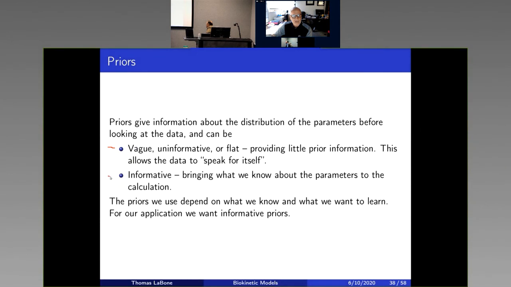On the other extreme, you can have informative priors, which bring everything that you know about the parameters into the calculation. The priors you use depend on what you want to know beforehand and what you want to learn about the system. What I'm going to focus on here are informative priors. They bring a lot of information from outside of the experiment into the calculation.